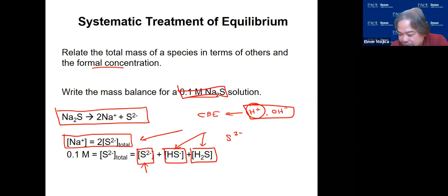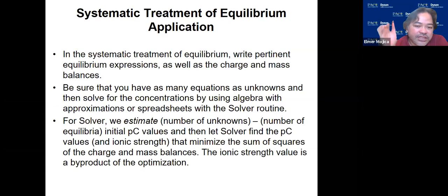Now, the thing that we need to remember in the systematic treatment of equilibrium, you have to write the pertinent equilibrium expressions as well as the charge and the mass balances. And then be sure that you have as many equations as the unknowns, and then solve the concentrations by using algebra with approximation or spreadsheets with the solver routine.